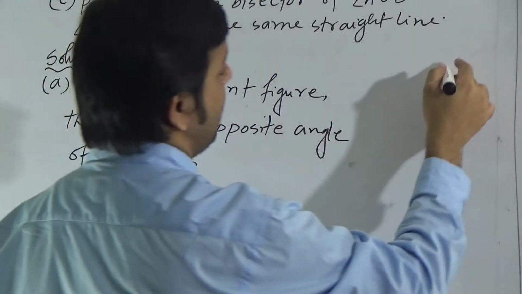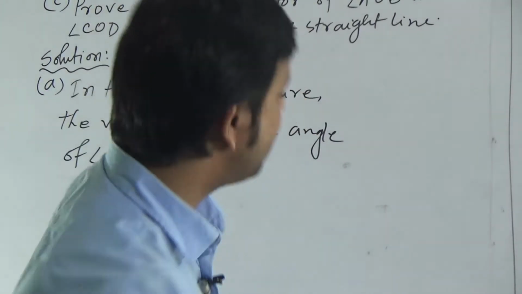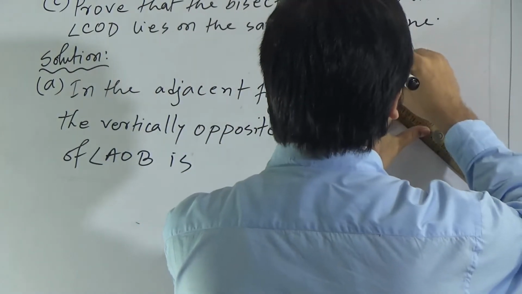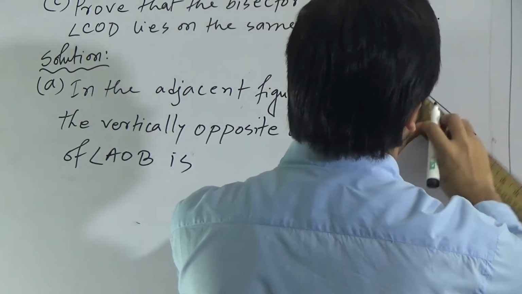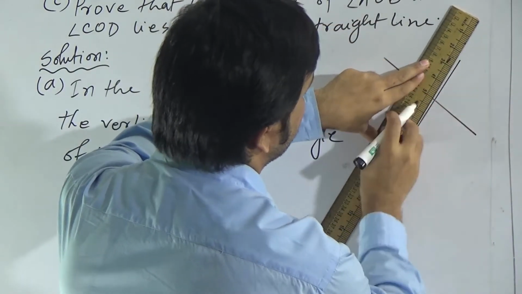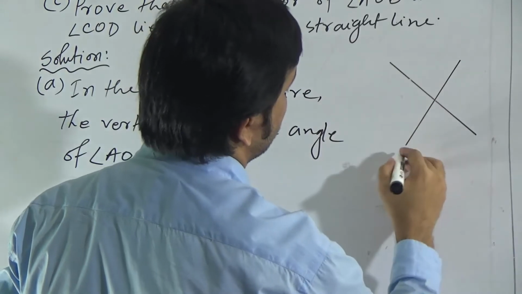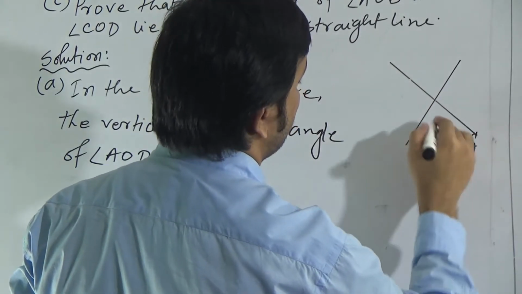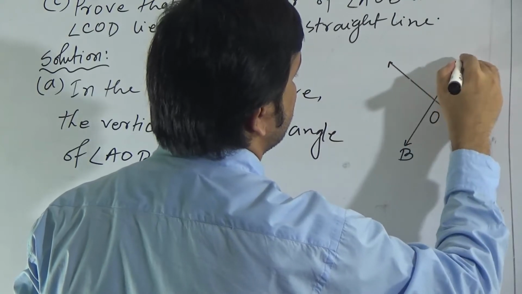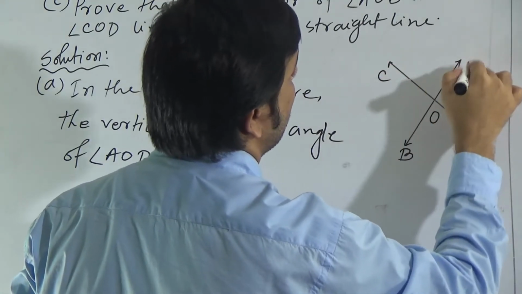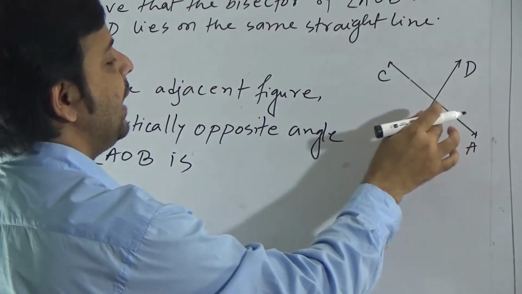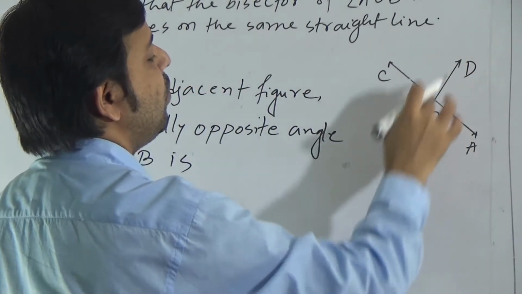Now draw the figure here. Dear students, you can draw the figure as you have to draw figure for each part, so you have to draw the figure here. Here is AOB. Dear students, now see, OC is the opposite ray of OA and OD is the opposite ray of OB.